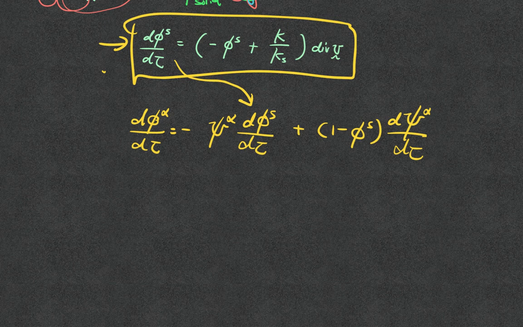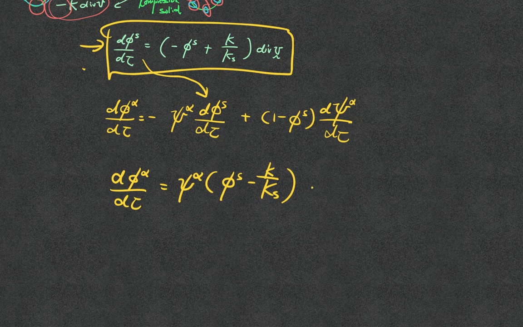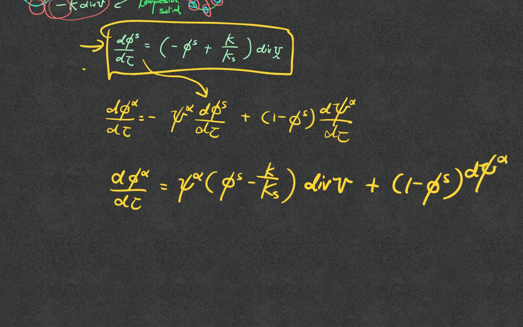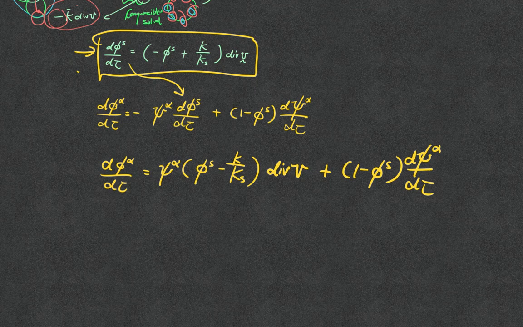For the other two terms, I would have the degree of saturation term times this solid volume fraction minus k divided by ks term, plus 1 minus the volume fraction of solid times the change of degree of saturation.